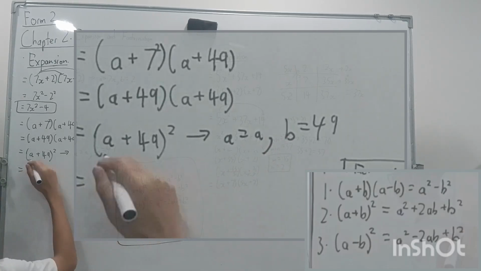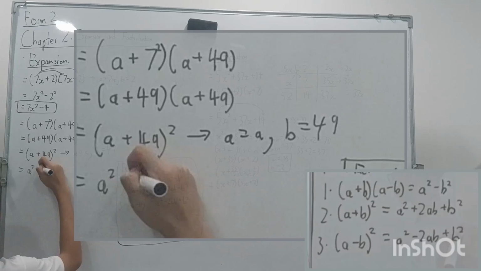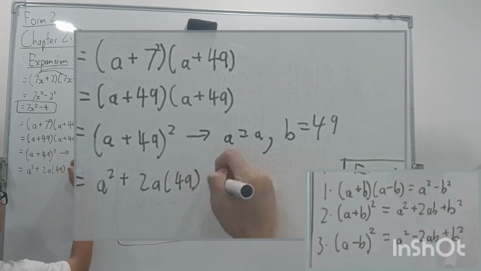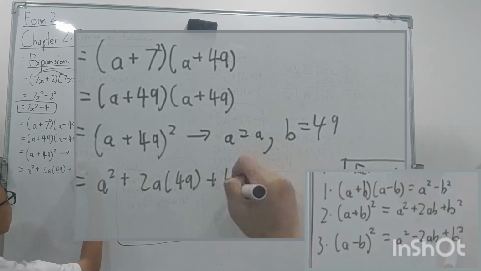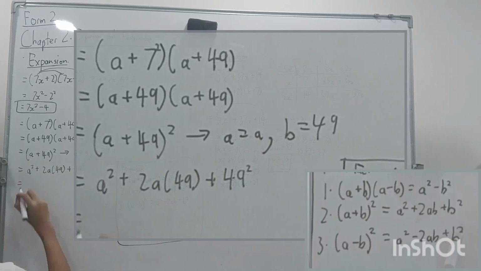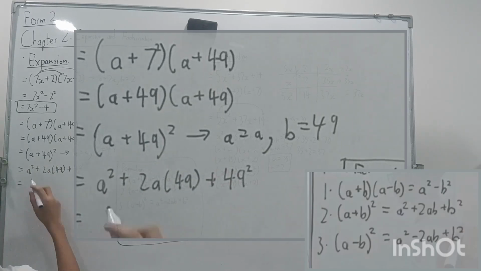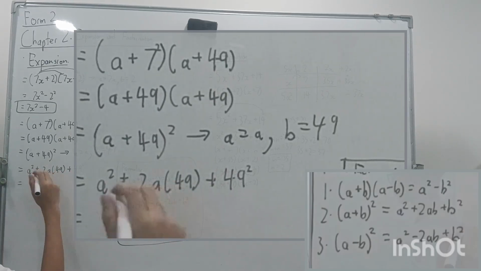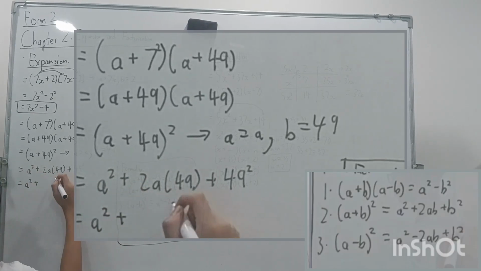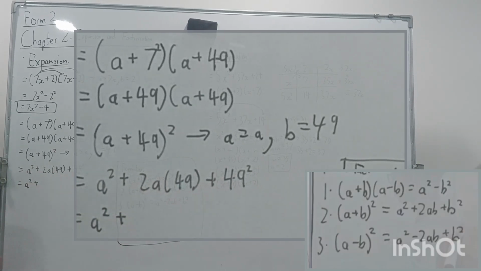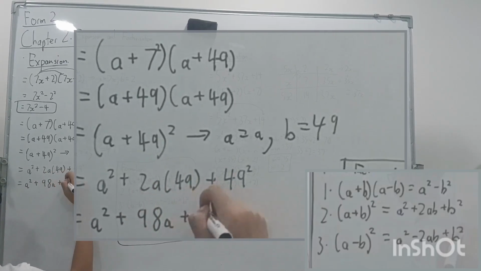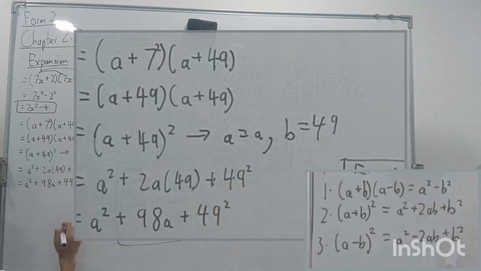I'm going to plug these values in: a squared plus 2ab, which is 2 times a times 49, plus b squared, which is 49 squared. Now I'm going to simplify this. So a squared plus 2 times 49, which is 98, so 98a plus 49 squared.